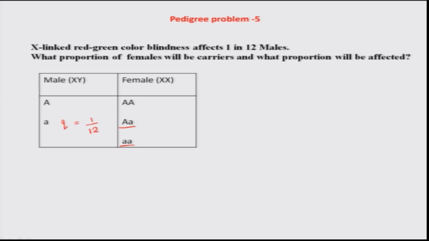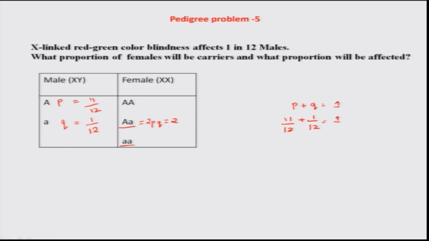Now if I have to calculate p, going back again, p plus q is equal to 1. So if q is 1 by 12, then p would be 11 by 12 to make it 1. So the frequency of p would be 11 by 12. Now I need to calculate carriers, and if you remember, the carriers would be 2pq.